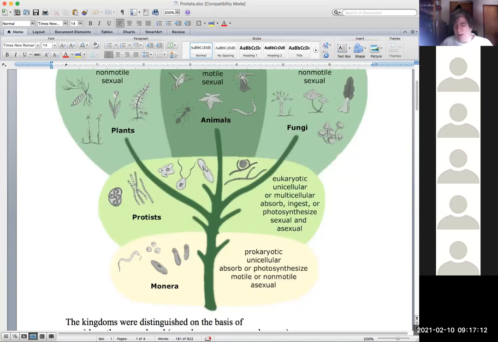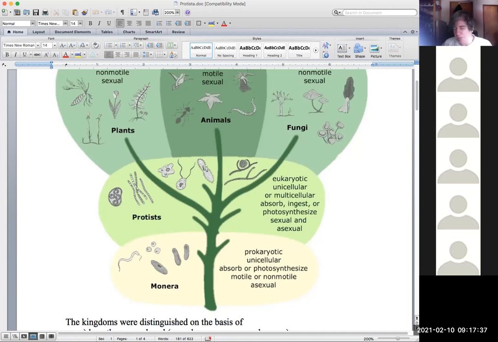The first organisms that we have fossils of in the fossil record are organisms with prokaryotic cells. And then we start seeing some protists. And we see protists in the fossil record before we see plants or animals or fungi. So we do have evidence that they evolved first, although not by a very long period of time.